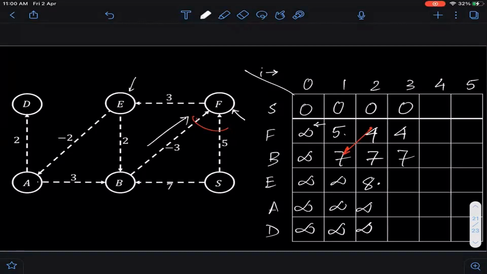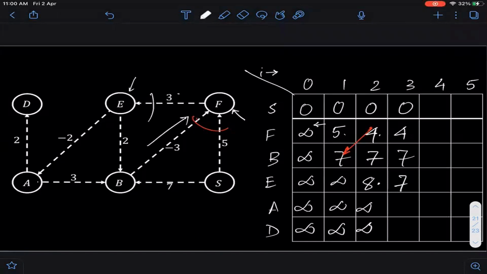What are the other options? Let's look at the incoming edges to E. The only incoming edge to E is F, right? Now, what is the value of the column corresponding to F on your left? It's a 4, right? So if I add 4 to 3, that gives me a 7 now. If I take the minimum of 7 and 8, then clearly I should say 7.